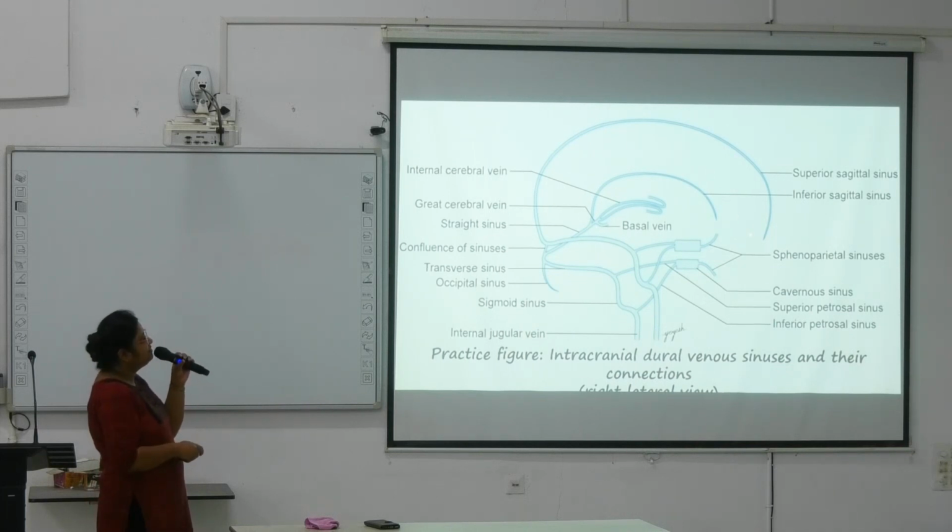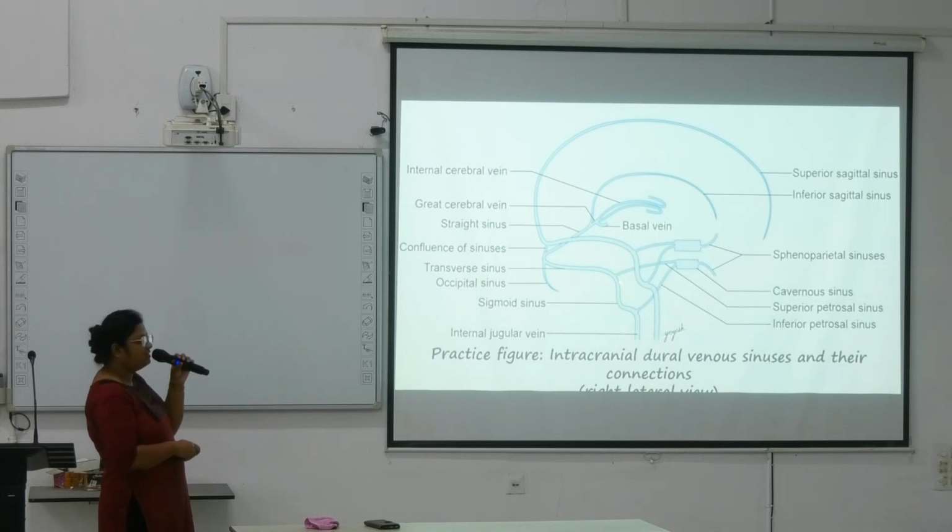Along the lower margin of falx cerebri lies the inferior sagittal sinus, and it is joining with the great cerebral vein or vein of Galen, and forming this straight sinus. Straight sinus is draining into the confluence of sinuses. Okay, here the two transverse sinuses are joining. This is one transverse sinus, there is one transverse sinus. And these are the two superior petrosal sinuses.